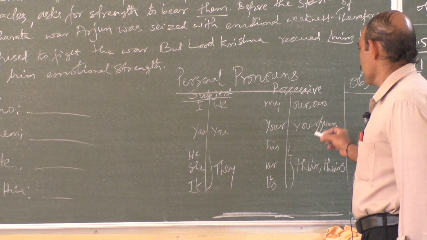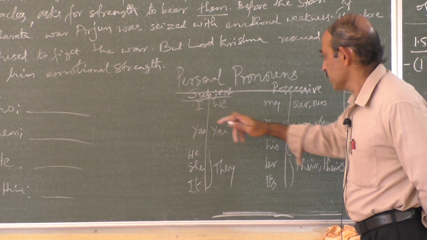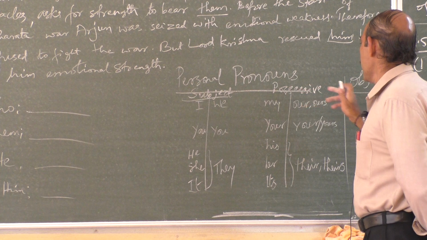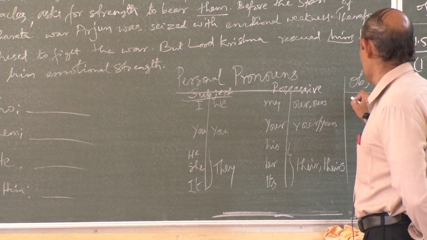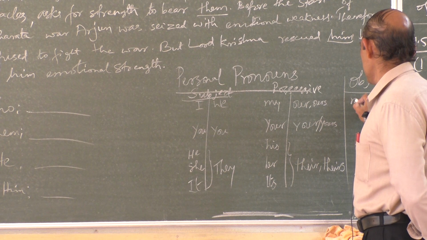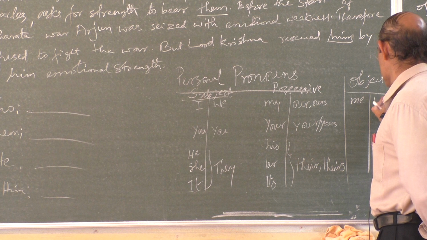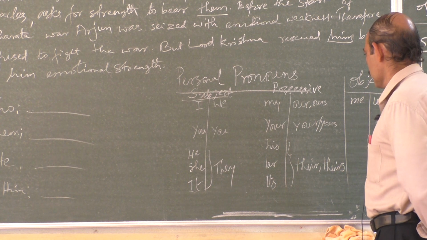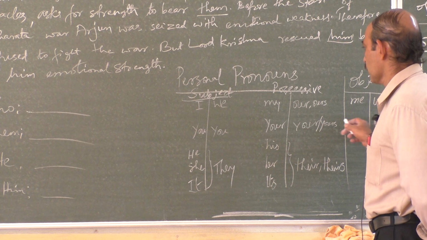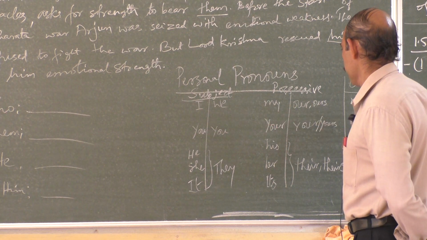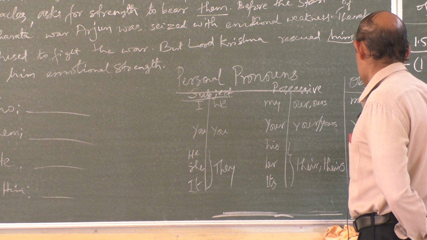Once again, I, singular subject; my, possessive; and then let us go to object, that is me; our, ours, us. You, once again you, singular as well as plural.